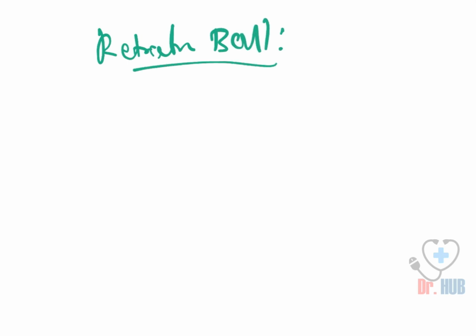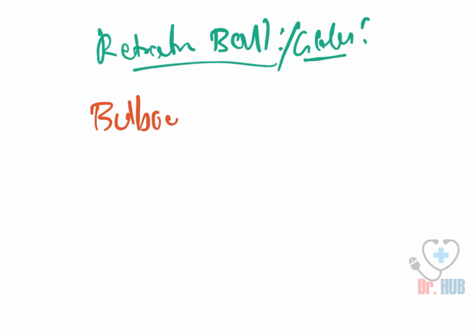Next, what we asked was, what are retraction balls? The retraction balls are pathological structures which appear. They are also known as retraction globes. They are bulbous as well as clubbed.